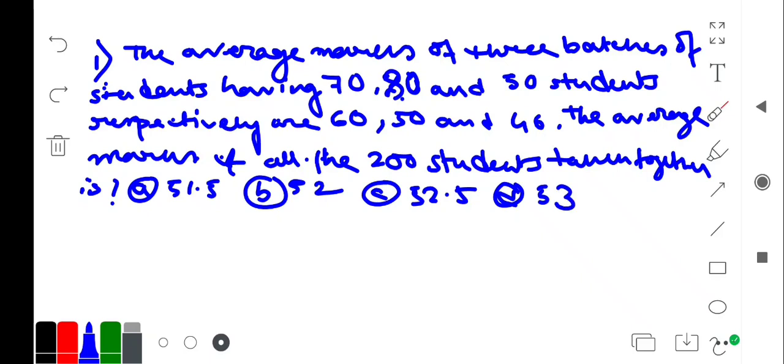So the average marks of 3 batches, suppose students having 70, 80, 50 students respectively are 60, 50 and 46. The average marks of all the 200 students taken together is?